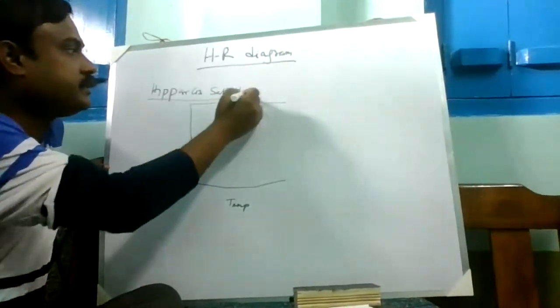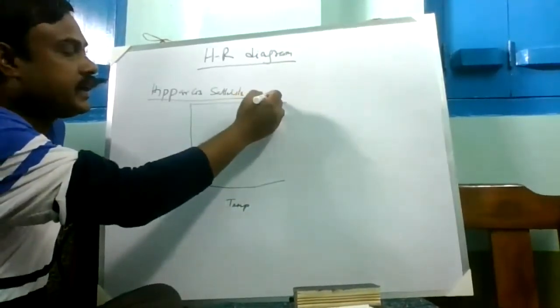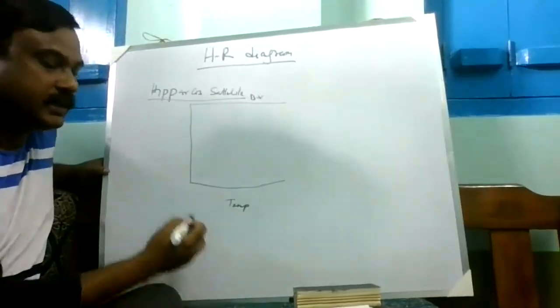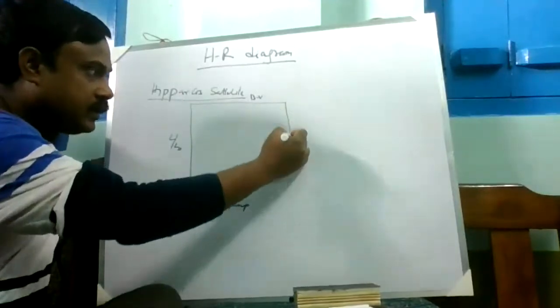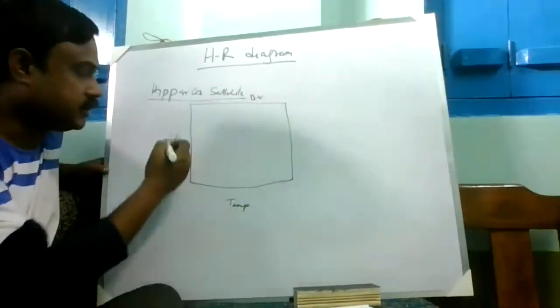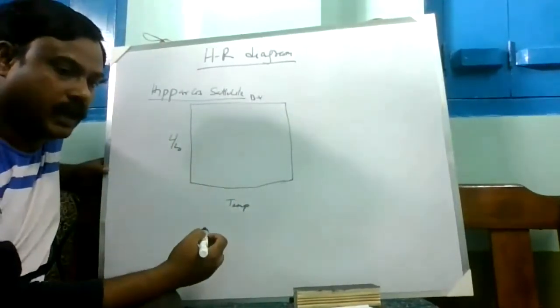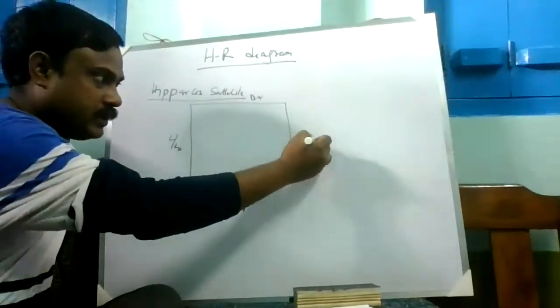There it has been given by the B-V color index, and this scale is L by L0. Luminosity L0 is the luminosity of the sun, and MV is the absolute magnitude.